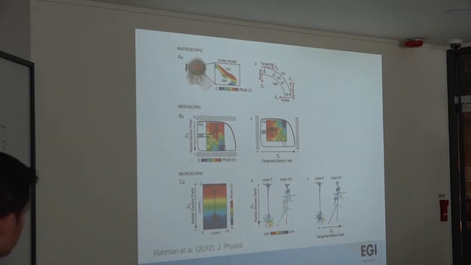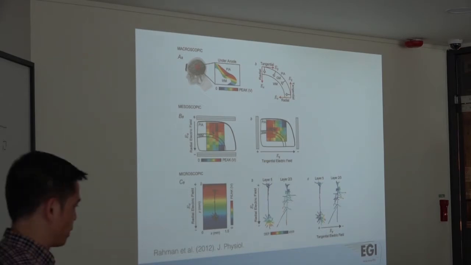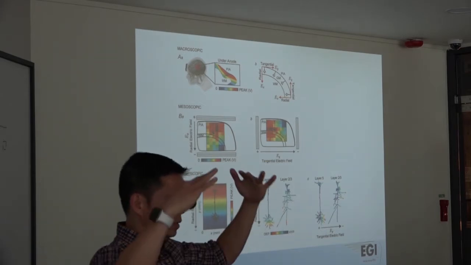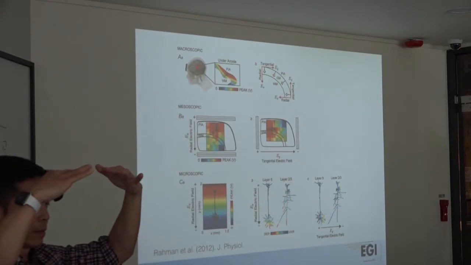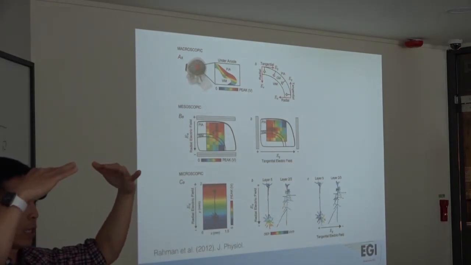Sorry, let me correct myself. If you pass current from the bottom to the top, which is current positive to negative, the top is hyperpolarized. The top hyperpolarized. And all the inputs that go into the top layer become depotentiated.